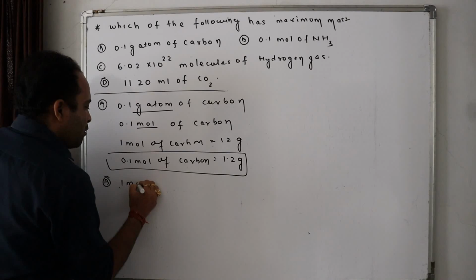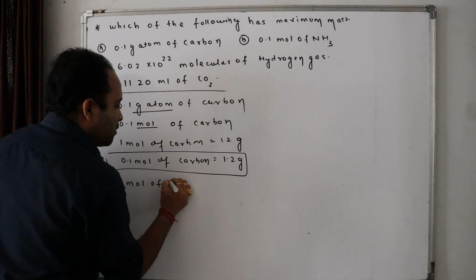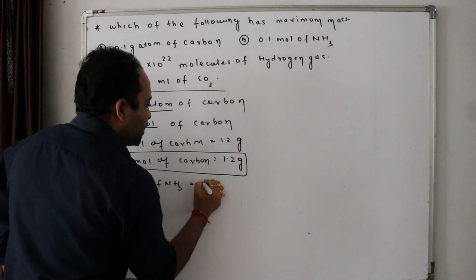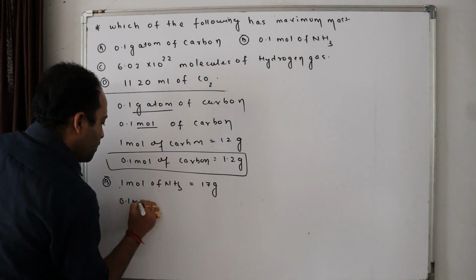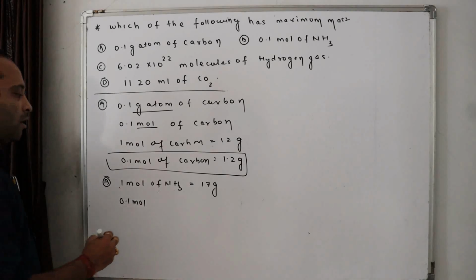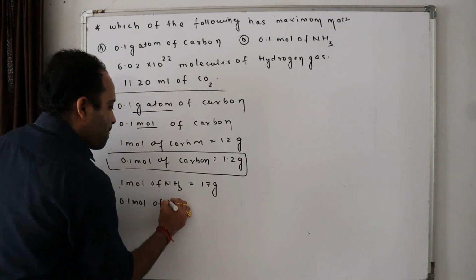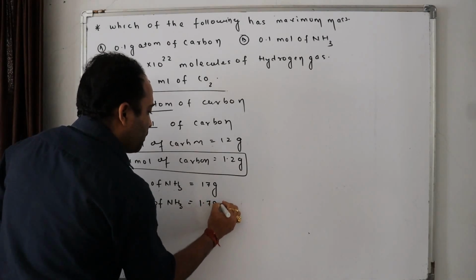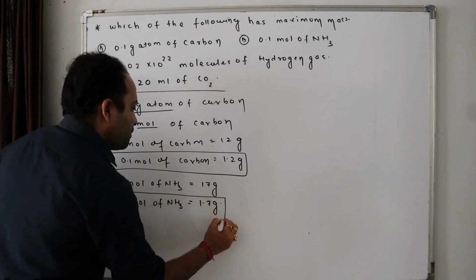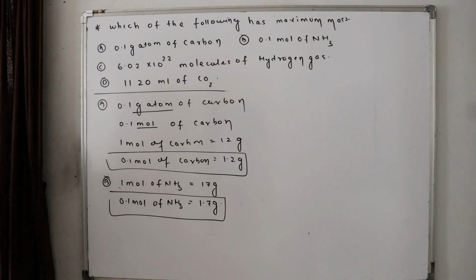See, 1 mole of ammonia is 17 grams. 0.1 mole of ammonia is 1.7 grams. Isn't it? Yes or no?